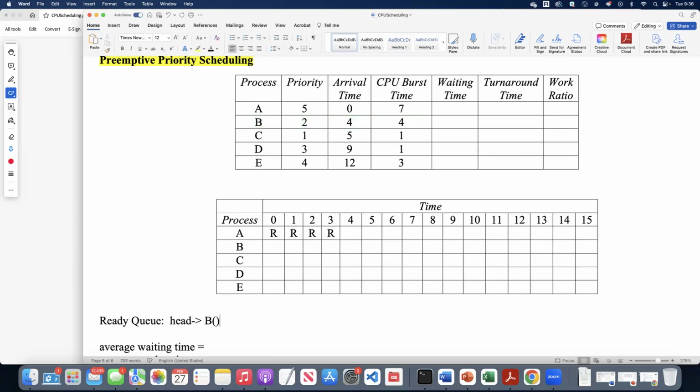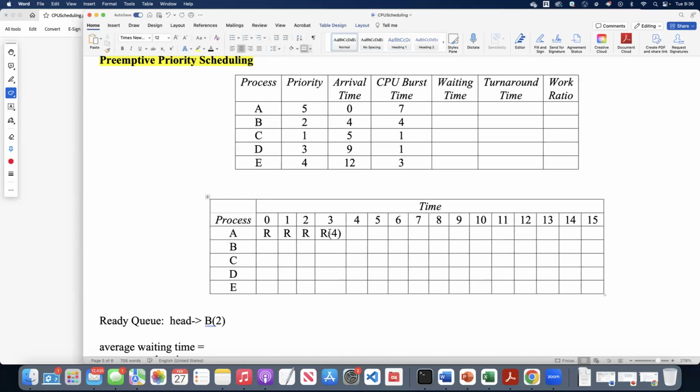B is the only process in the ready queue. Process B's priority value is 2. A is the current running process, and its priority value is 5. So 5 is greater than 2, which means process A's priority is lower than process B's priority.